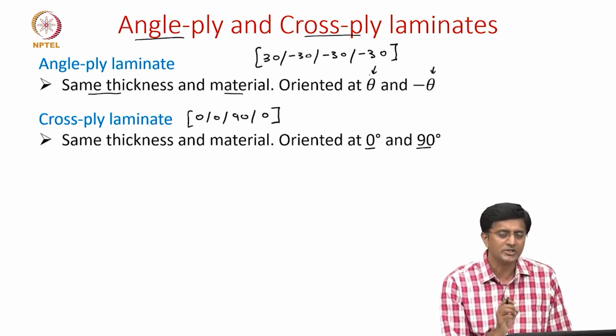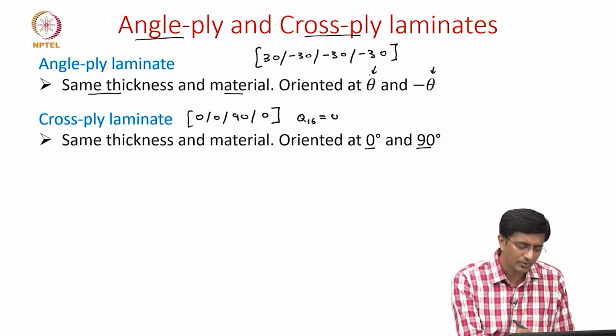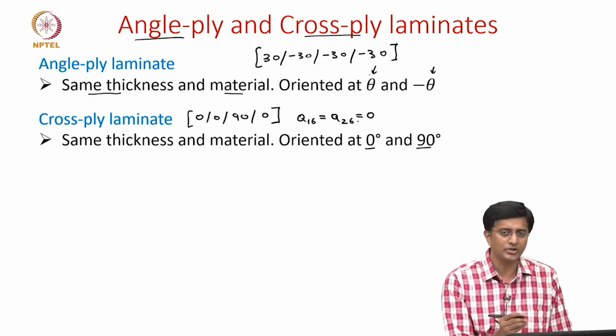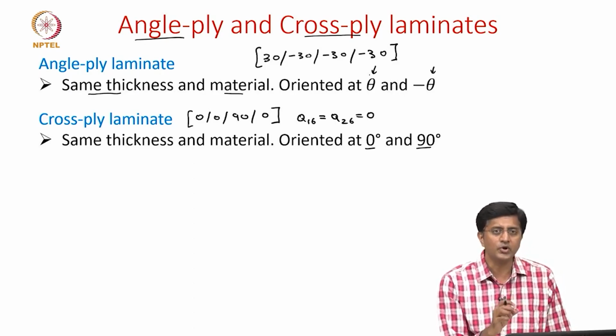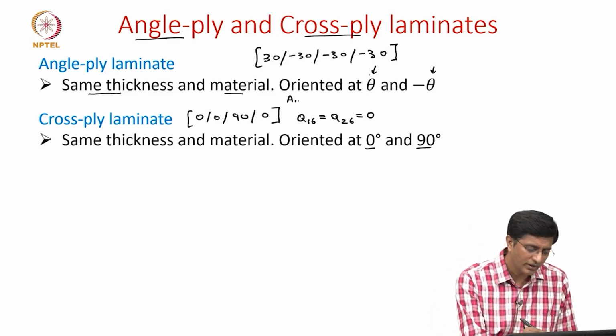But what is the specialty of using Q? We know that the Q16 and Q26 terms go to 0. When they go to 0, we know that the corresponding terms in the A, B and D matrices also go to 0. So A16 and A26 go to 0.